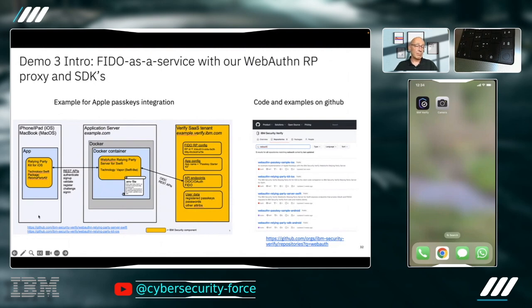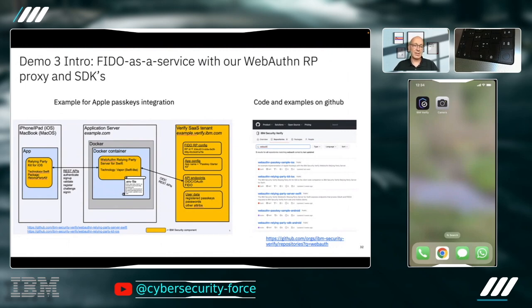And that can then go as follows. And this is an example for the Apple world, in fact, where you have an iPhone or an iPad or a MacBook that's using our relying party kit for iOS that is available on GitHub and can be integrated on such an app.